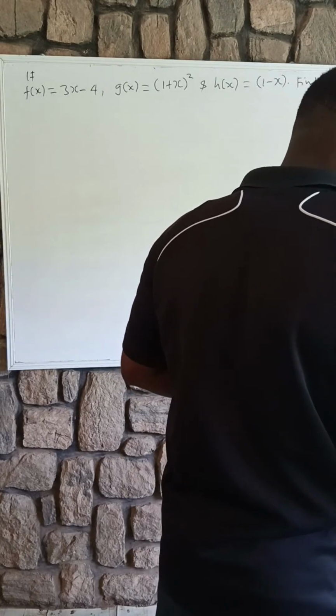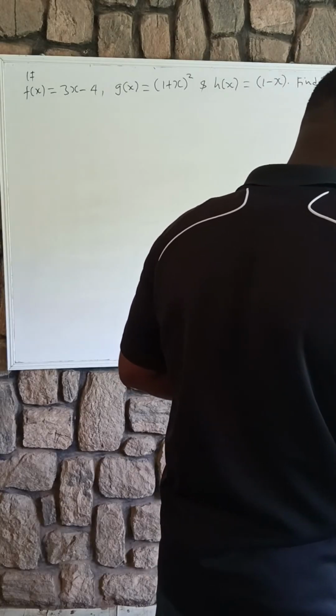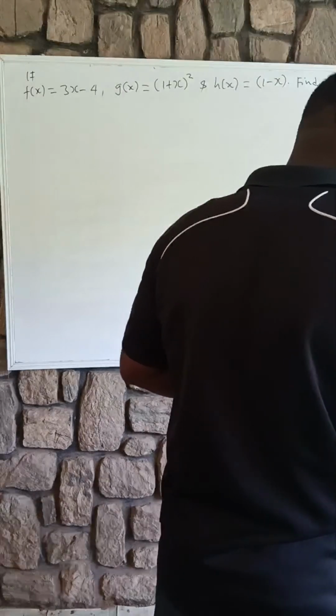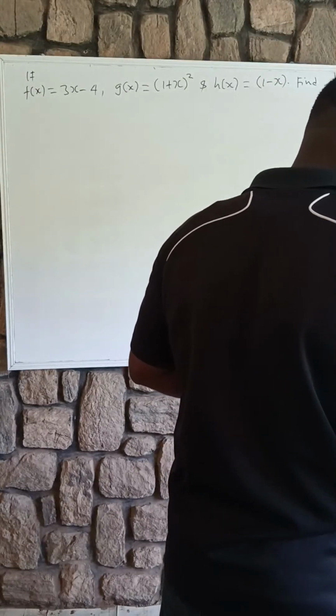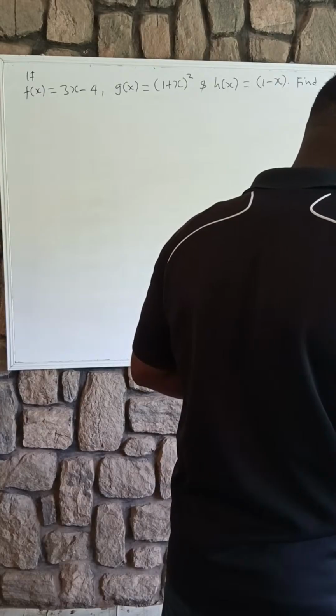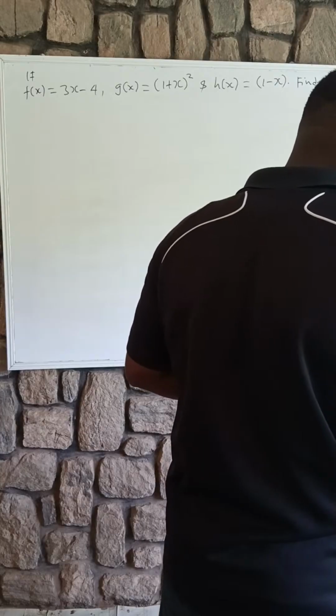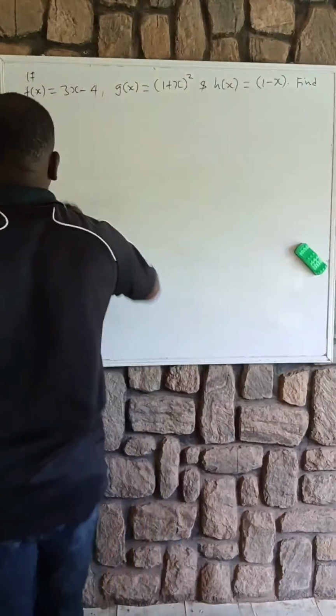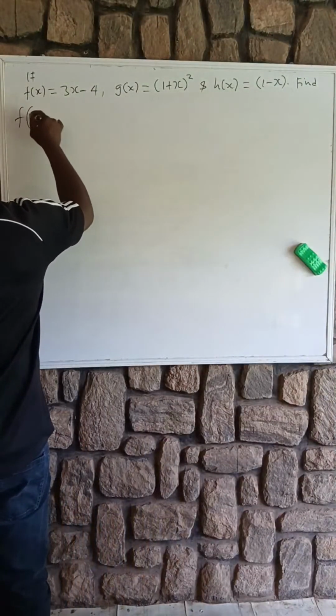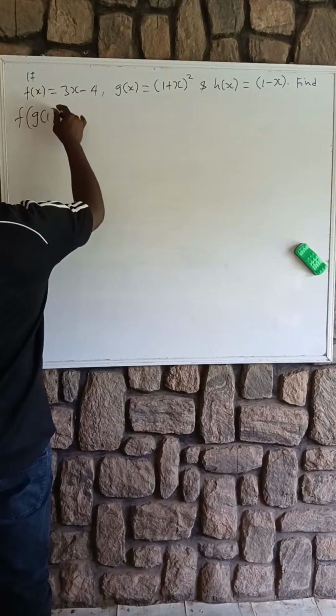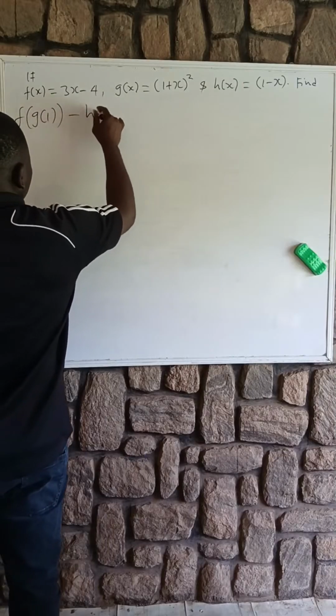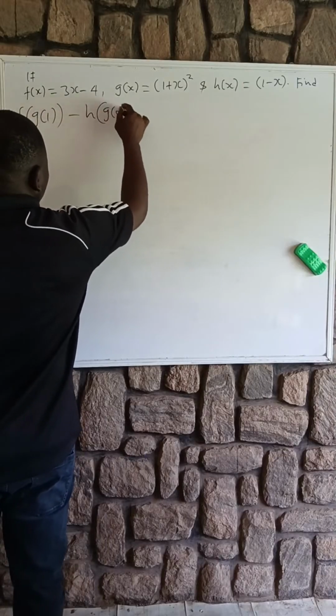So they said find f of g of 1 minus h of g of f.